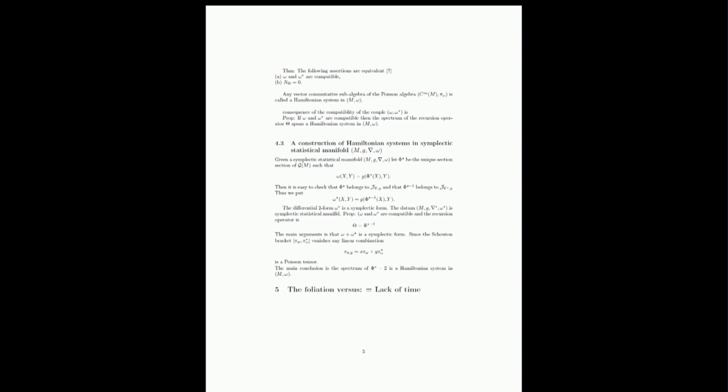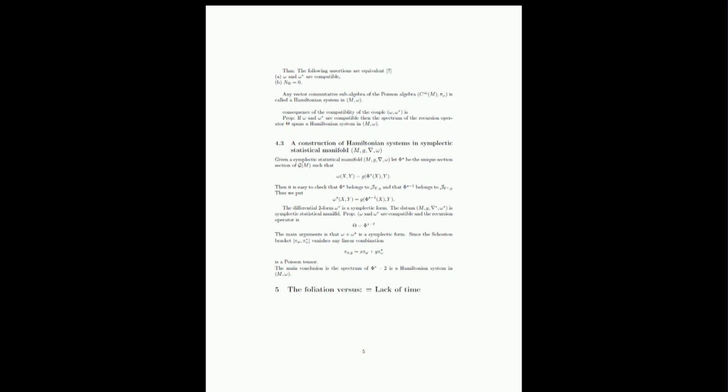The final result is that if you take a solution of the Joyce equation, you get some cohomological class. If the cohomological class is zero, then the statistical manifold is a symplectic statistical manifold.